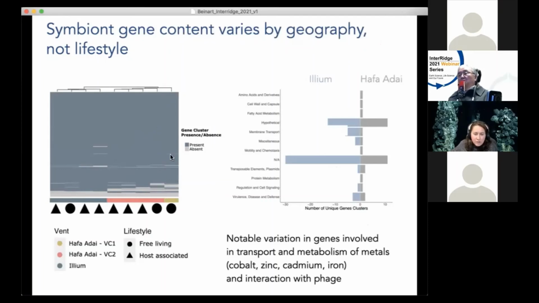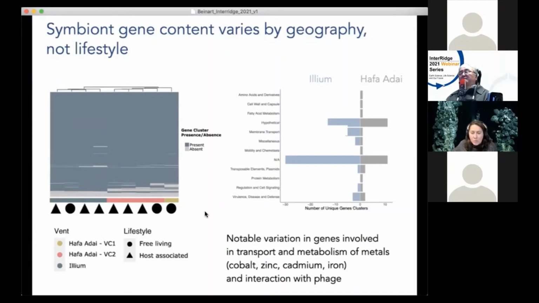Here I'm showing the site that they came from, and the shape shows whether they were free living or host associated. We see that there's separation in their gene content by geography. These are the Hapa Adai ones on this side, and these are the Ilium on this side. The main pattern we're seeing is by geography and not by lifestyle.